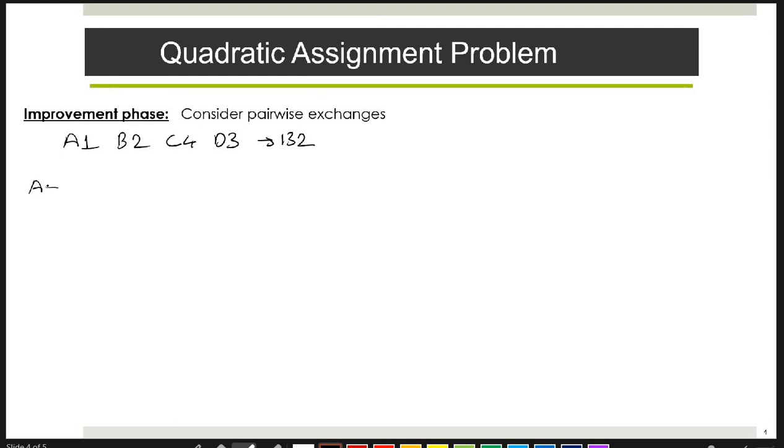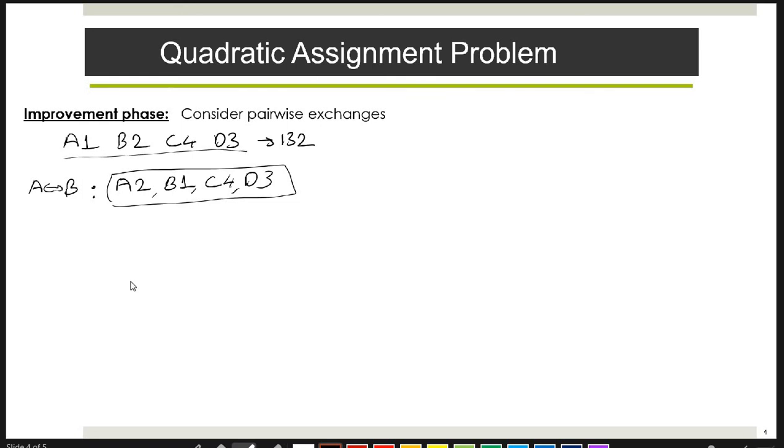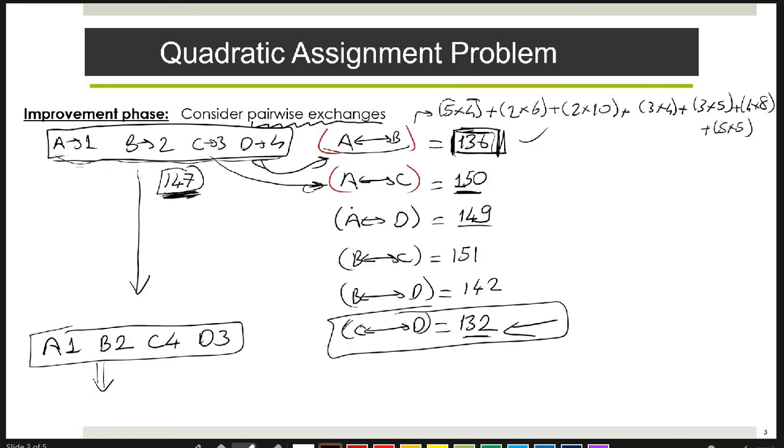If I replace A and B, what will be the solution that I will get? A is assigned to 2, B is assigned to 1, C is assigned to 4, D is assigned to 3. Look, this solution is totally different from this one, and different from any of the previous solutions.